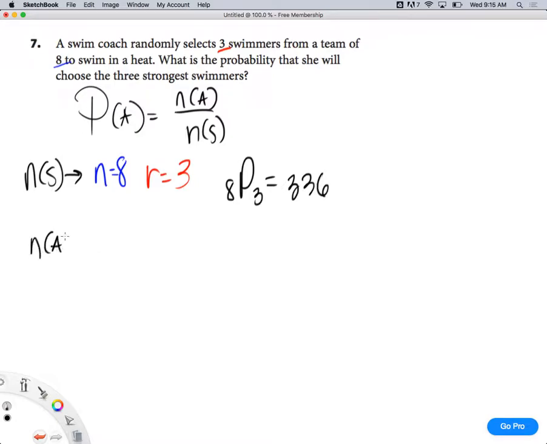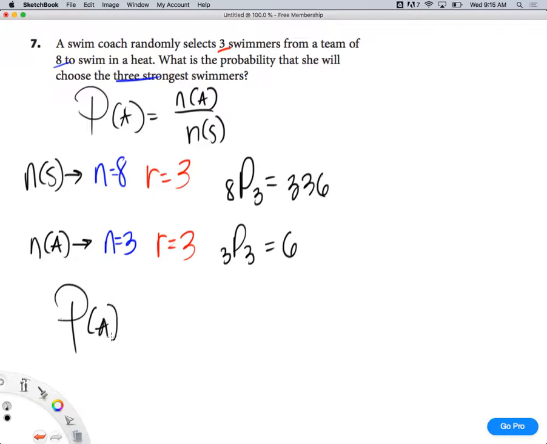Now NA. In this case, I'm only thinking of what I'm interested in. Who am I interested in? The 3 strongest swimmers. So N is 3, and R is still 3. So it's 3P3, which is just 6.